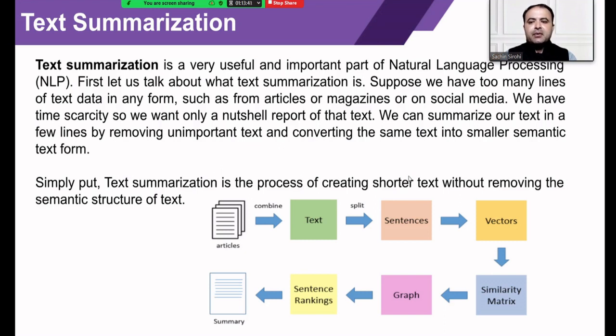We are short on time, so we want only a nutshell report of the text. For example, we have a number of articles, we combine them, split them, build vector similarity matrix graphs, and so we are processing the text: combining, splitting, arranging.